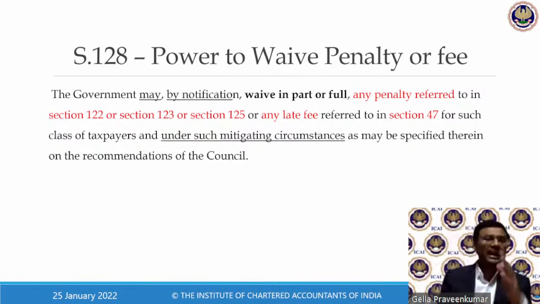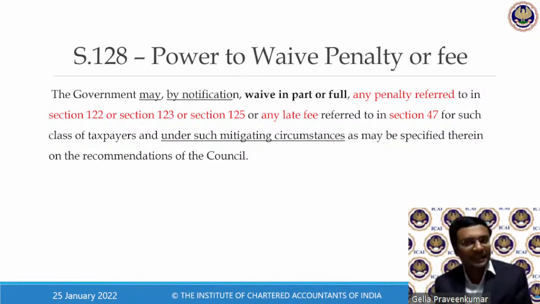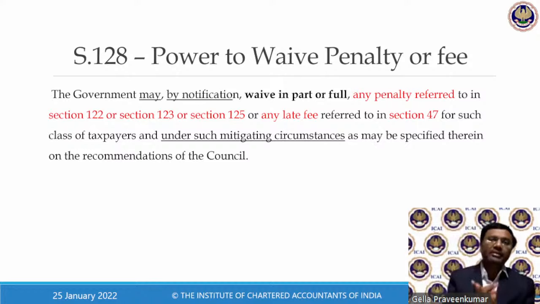I remember Akshay is a person who has asked this question, called the amnesty scheme under GST law. Power to waive penalty or fee, which is called late fees.